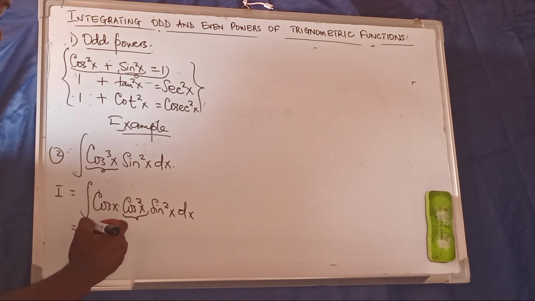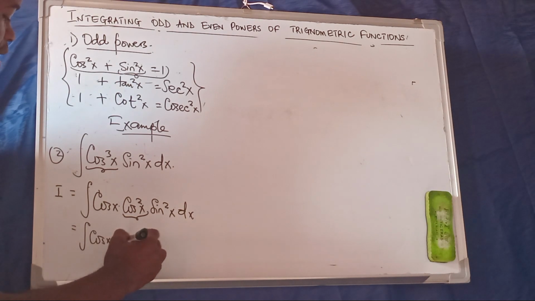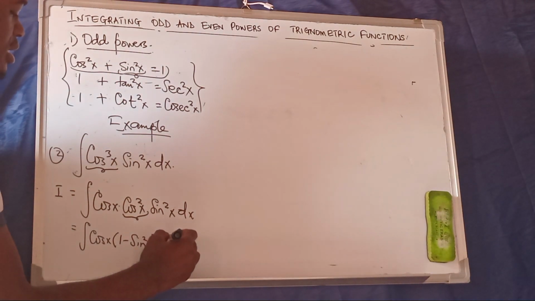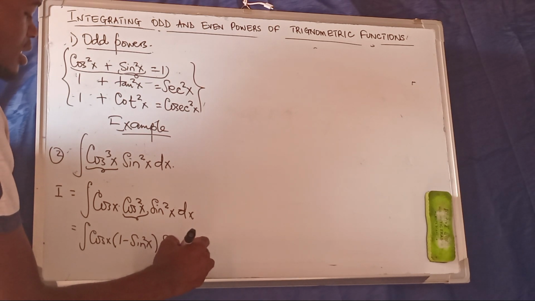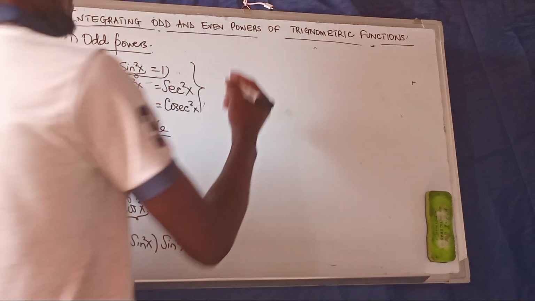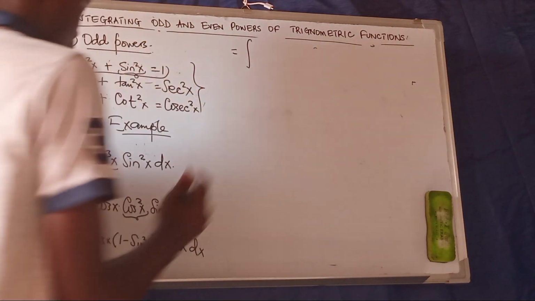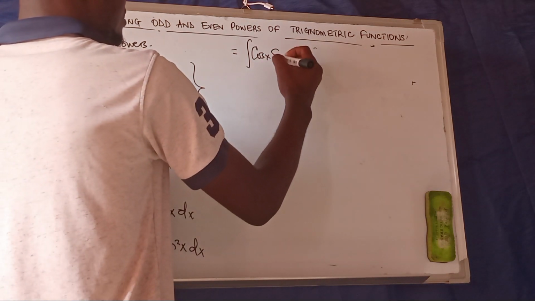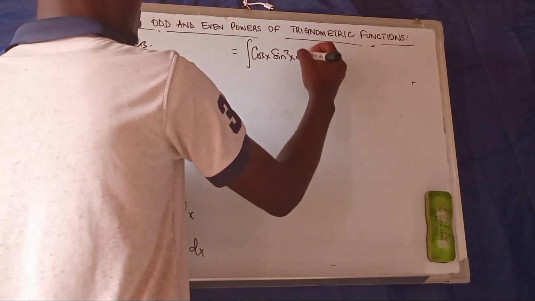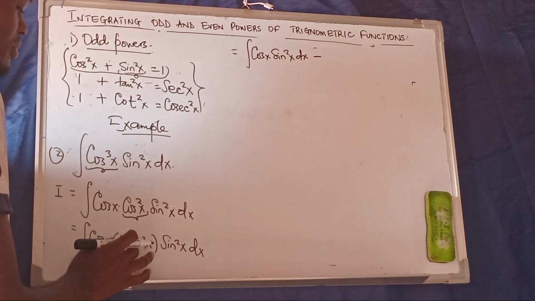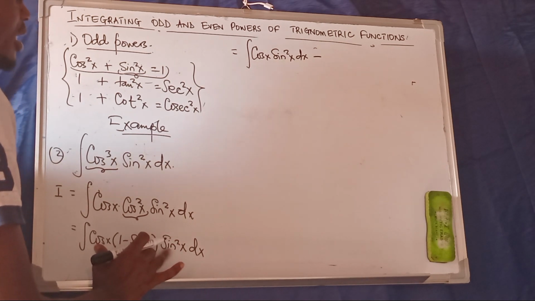This will be the integral of cos x times 1 minus sine squared x, times sine squared x dx. Then from there, expand brackets and split the integral. So here we shall have the integral of cos x sine squared x dx. Then minus this times this, then times the other one.